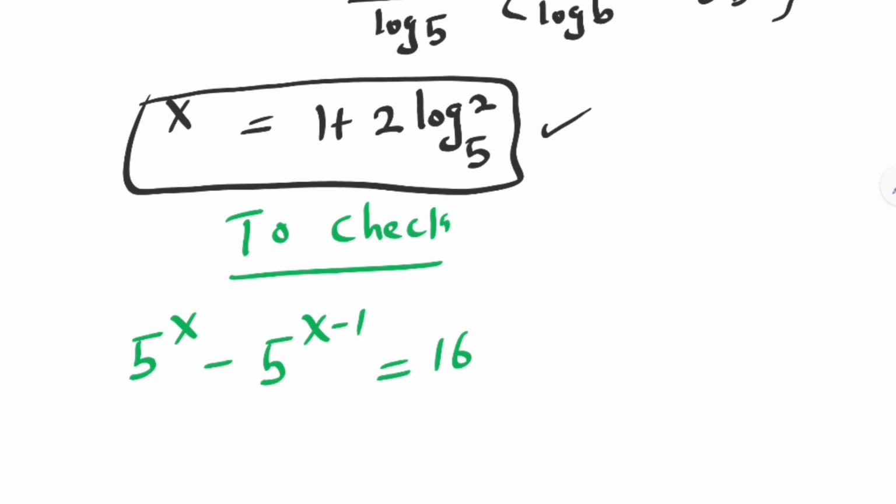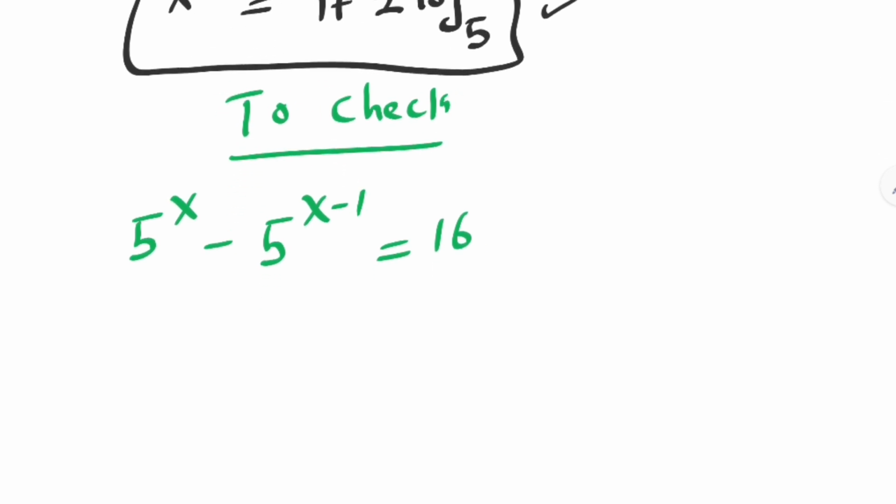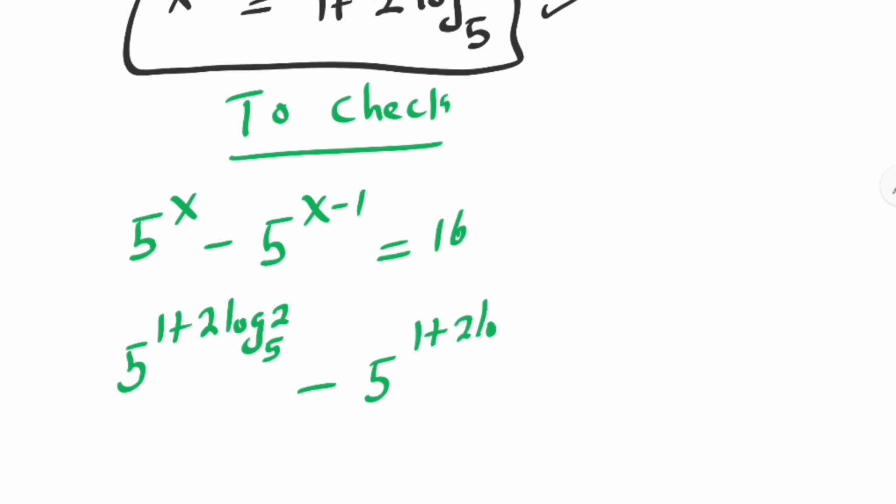If x is 1 plus 2 log 2 base 5, we have 5 raised to power 1 plus 2 log 2 base 5 minus 5 raised to power 1 plus 2 log 2 base 5 minus 1 must be equal to 16.